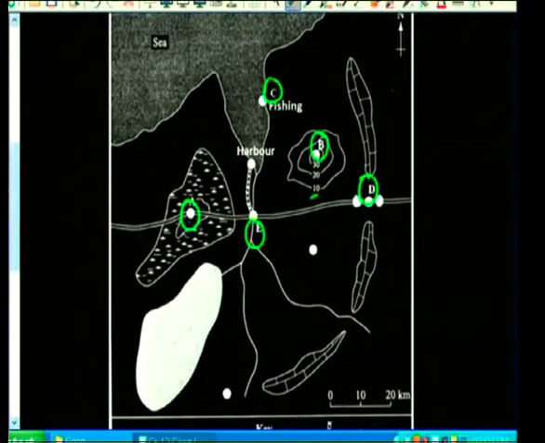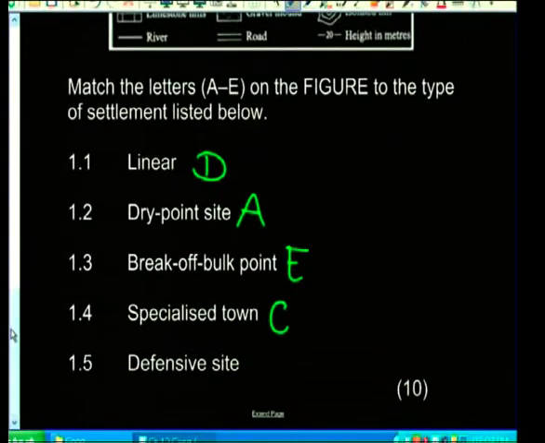Settlement B, you can see through the contour lines, is located on a relatively high point within a certain area. It's a lookout point. So if you did not know that the specialized town was C, you would definitely know that our defensive site was B, and therefore it would make sense then that the specialized town was C.